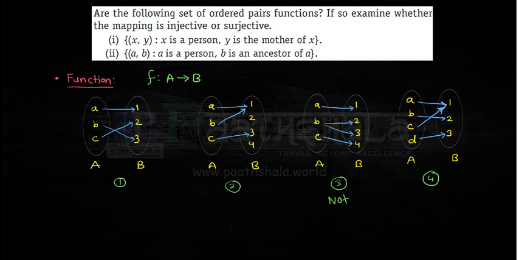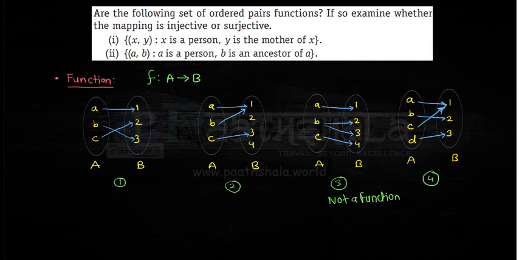Why? Because each and every element of the domain should have only one image in the codomain, but we can see B has two images. So that's why this is not a function.